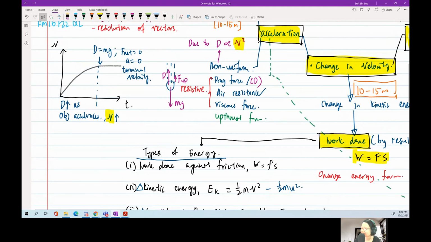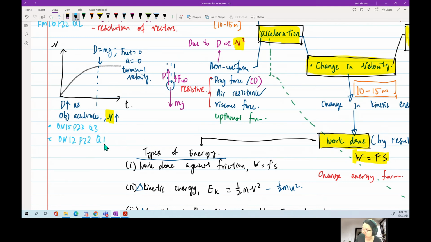What about non-uniform air resistance ones? Okay, non-uniform air resistance ones. ON15 paper 2-3 question 3. Quite a few actually, this one. Then we have, actually I think May June 20 also has one but I don't think I included it in the handout.